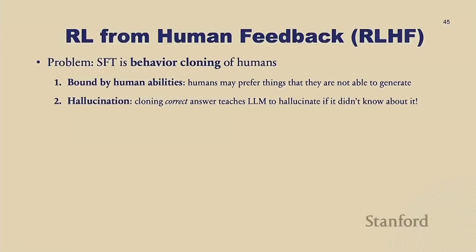Issue number 2, I find that actually pretty interesting. If you ever heard of the word hallucination, this is LLMs generating false information. People have hypothesized that hallucination can come from the supervised fine-tuning, even if you do supervised fine-tuning on data that is correct.